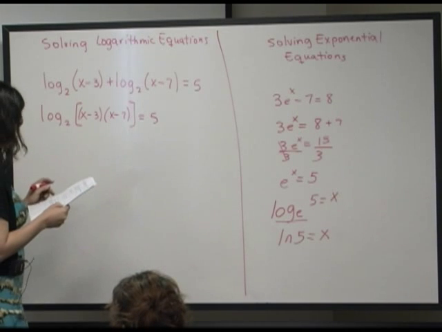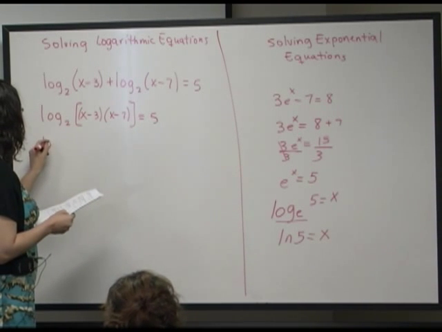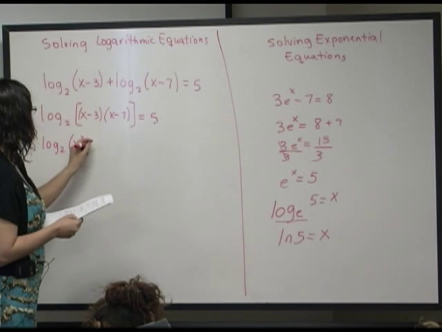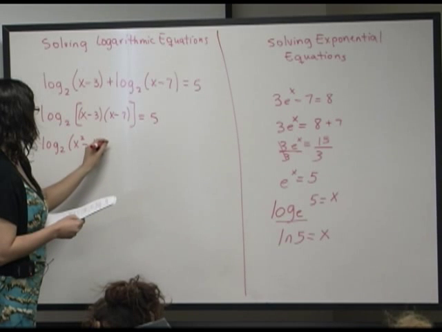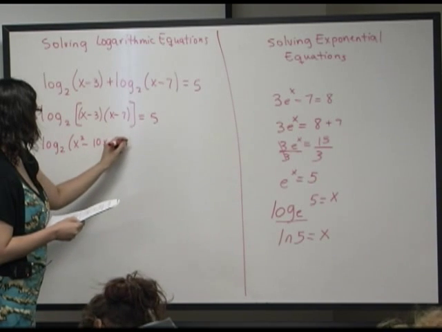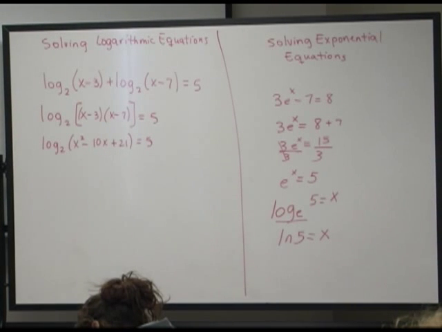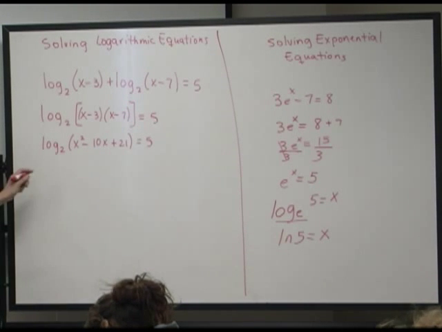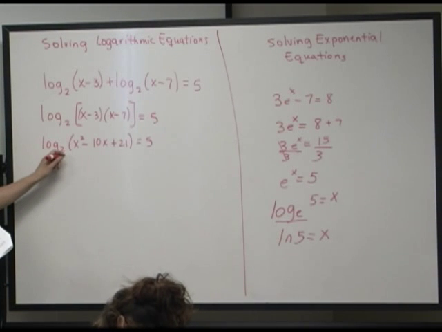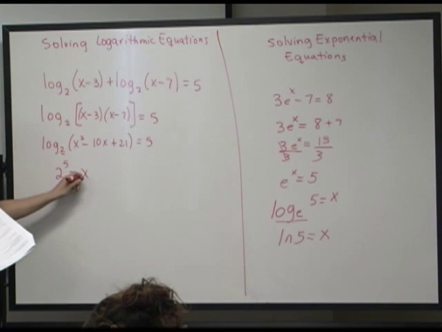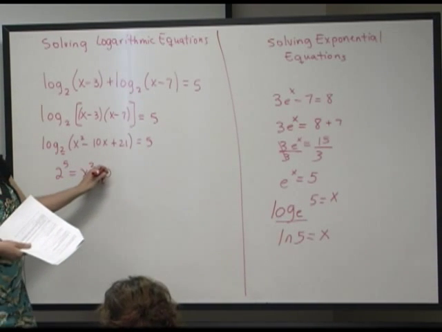That is x squared minus 10x plus 21. Now how do we solve that? Let's make it into an exponential. We just did it. How do we do that? The base 10 to the 5th... no, 2 to the 5th is equal to x squared minus 10x plus 21.